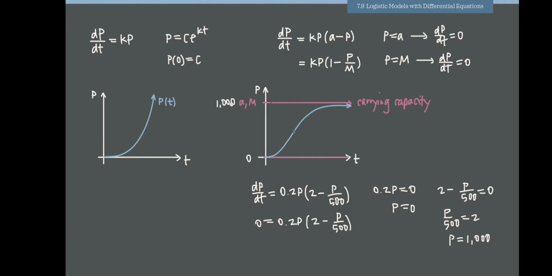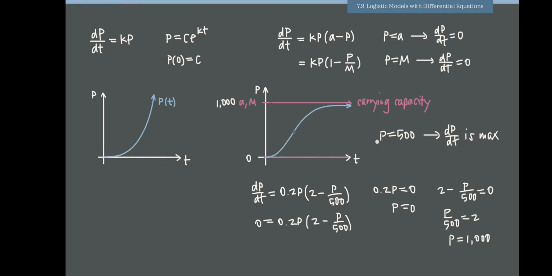So if carrying capacity is 1,000, then when the population is half of that, which is 500, that's when the rate of growth, dP over dt, is maximized. So the rate of growth is maximized when the population reaches exactly half of its carrying capacity.